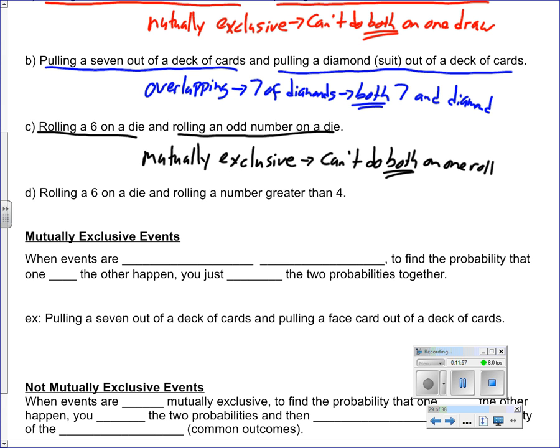And the last one, rolling a 6, rolling a number greater than 4. This one is overlapping. Again, if I roll a 6, that's going to be both a 6 and greater than 4. So you can do both in one roll.